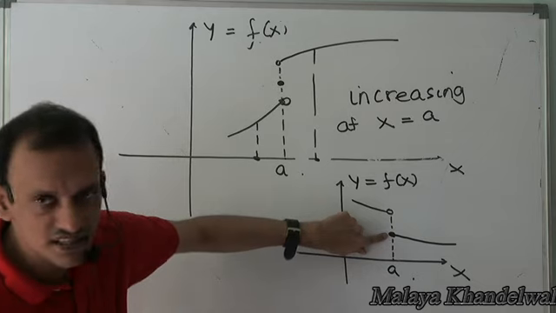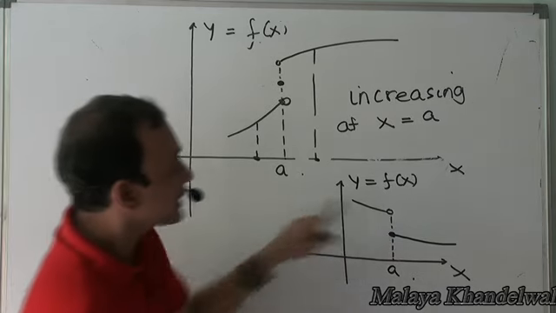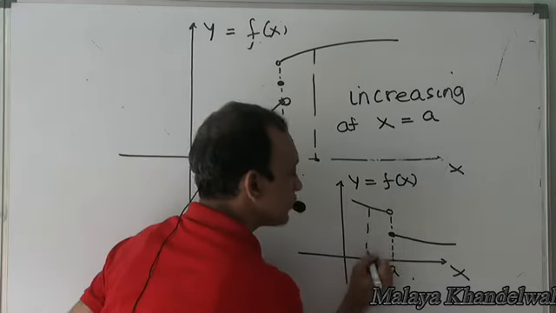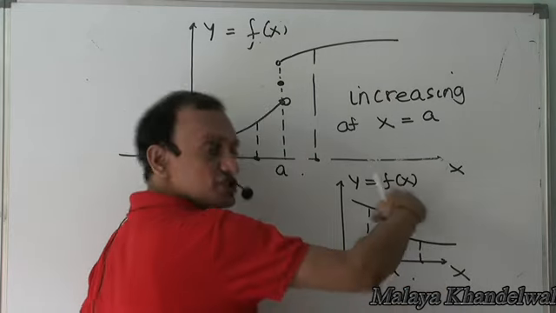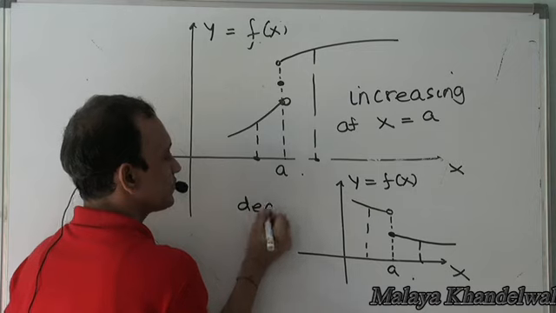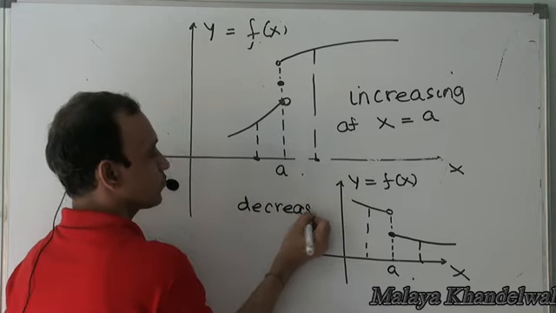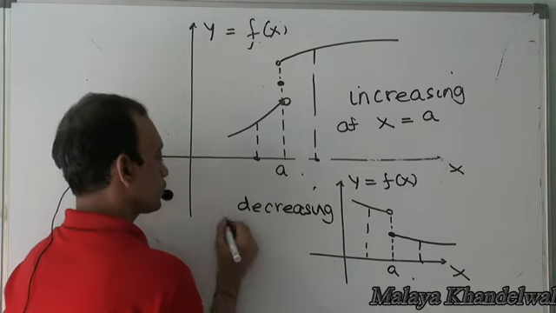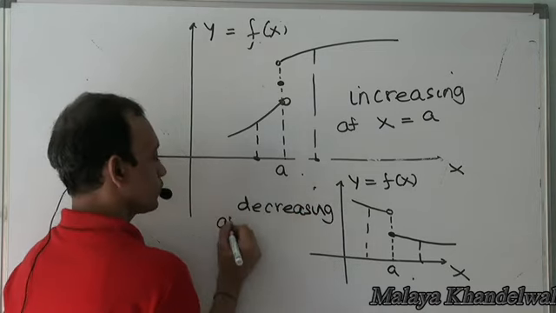At x equal to a, this is the value of the function, and again one can find an open interval surrounding x equal to a in which the function is strictly decreasing. So this function is decreasing at x equal to a, right?